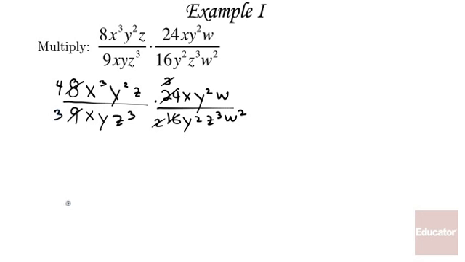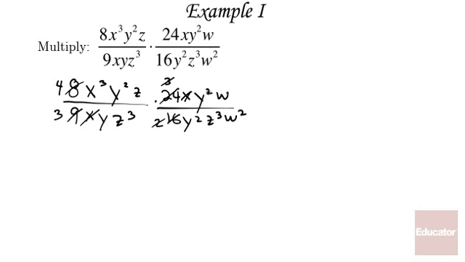Now I need to handle the variables. For x, I have x cubed and an x here, and in the denominator I have an x. So I'm going to cancel these two x's. Now I'm going to look at what I have for y. I have y squared, I have a y, I have y squared, I have y squared.